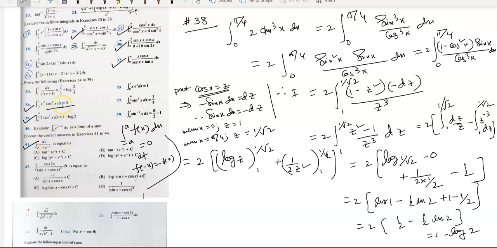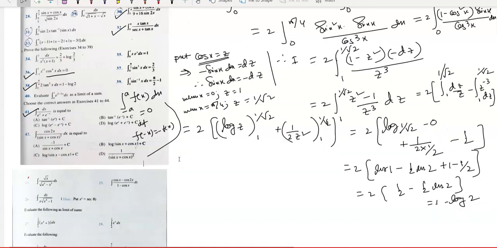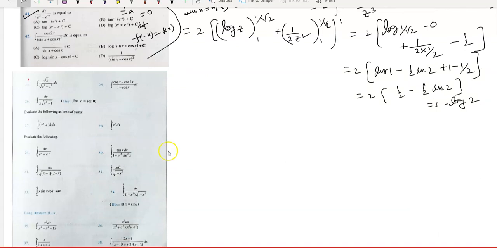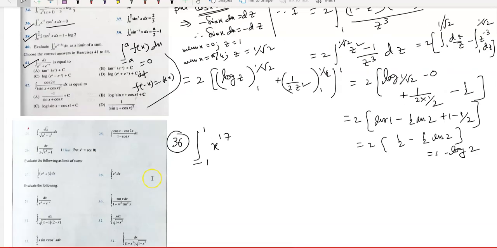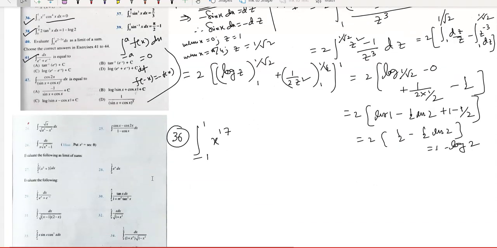So your first step will be to prove that this function is an odd function. 36: integral from minus 1 to 1 of x to the power 17 cos to the power 4 x.